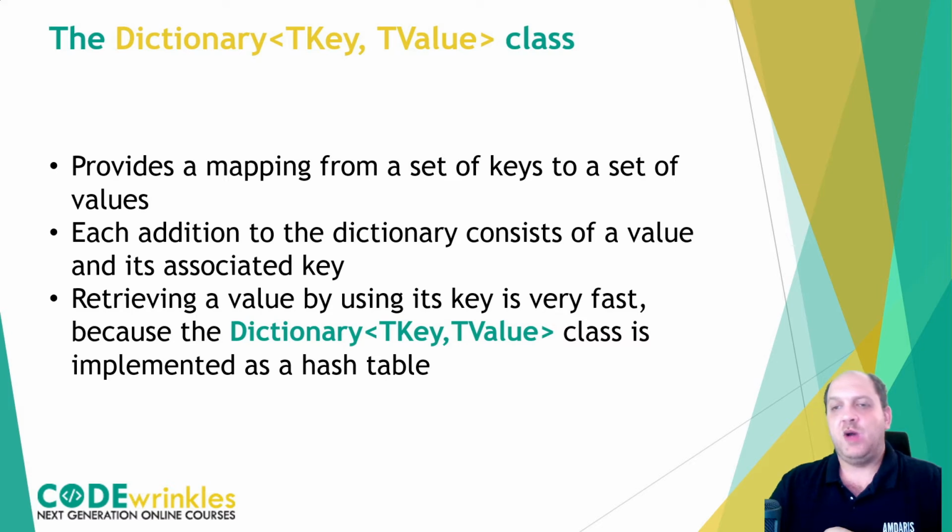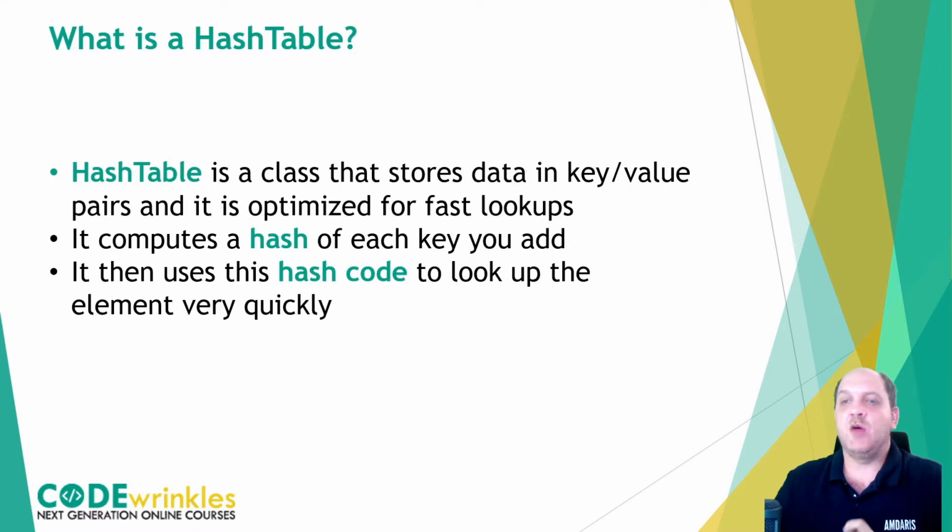And the reason why this data type is optimized for very fast lookups and performance is that under the hood, it is implemented as a hash table. Now, if you ask yourself what a hash table is, it's nothing very complicated, at first look, because it's just a simple class that stores data as key and value pairs.